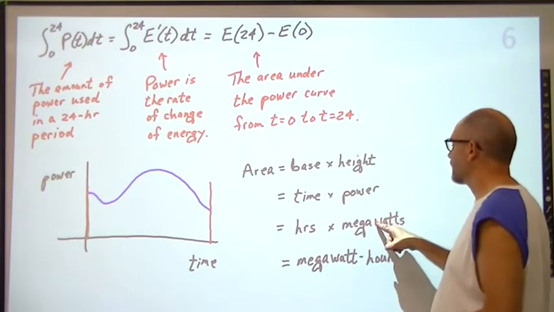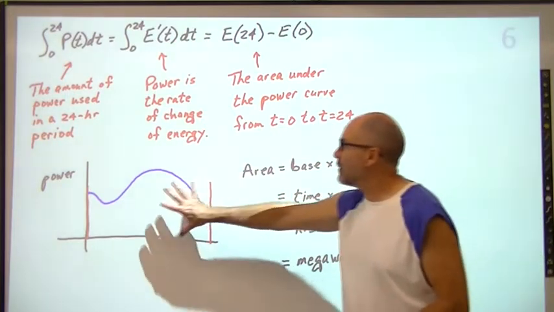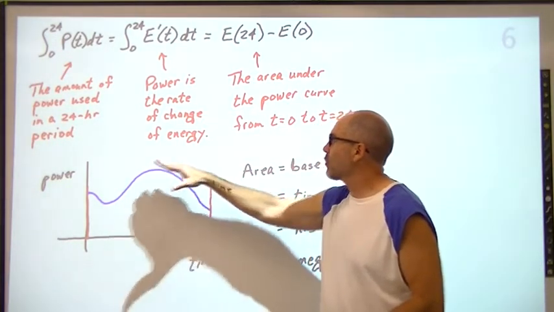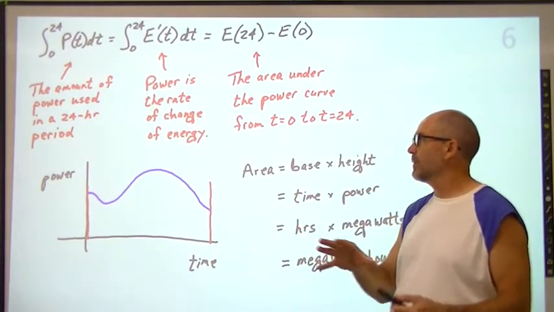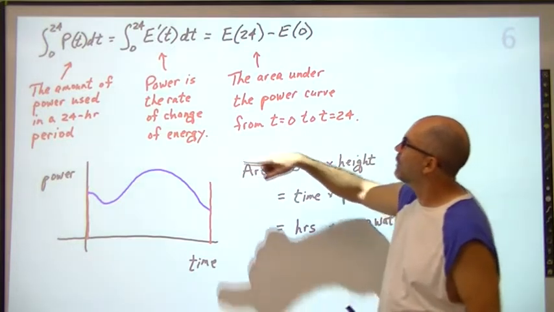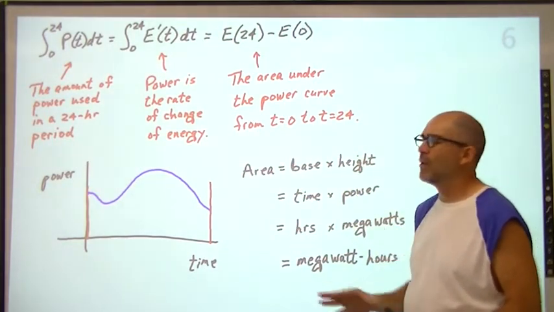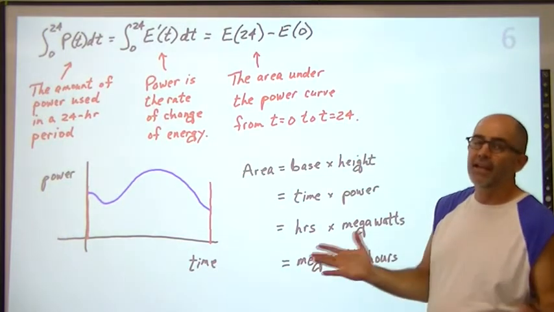Hour times kilometers per hour, and you end up with kilometers. So the area under the curve of the rate curve equals the amount. So we're finding out the amount of energy in that 24-hour period by getting the area under the curve. Now it's easy.